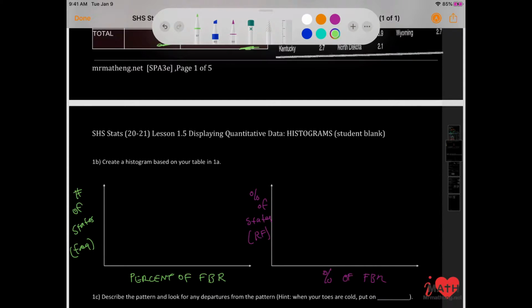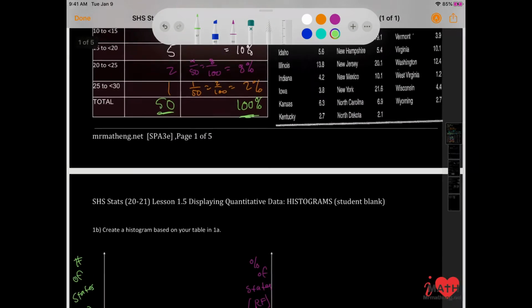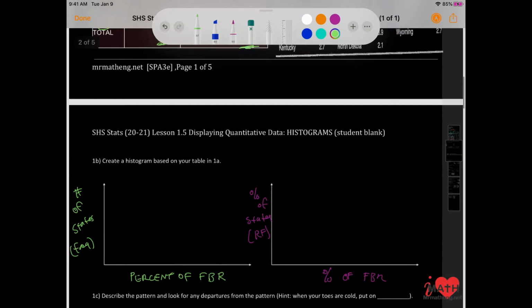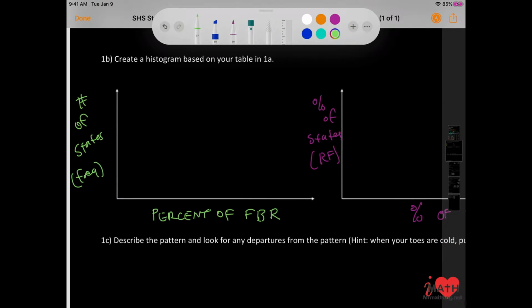So I need to create these classes or bins. I want them of equal length, and I already kind of have those. The classes there kind of tell me, so 0 to 5. So let's go down here. And I'm going to make these of equal length. So there's 0 to 5.